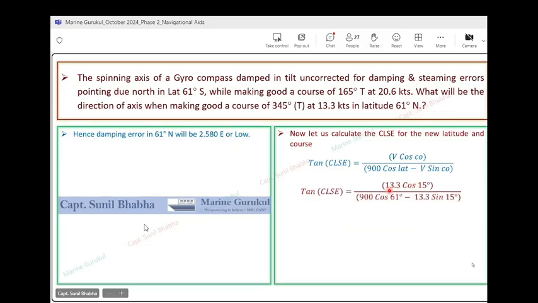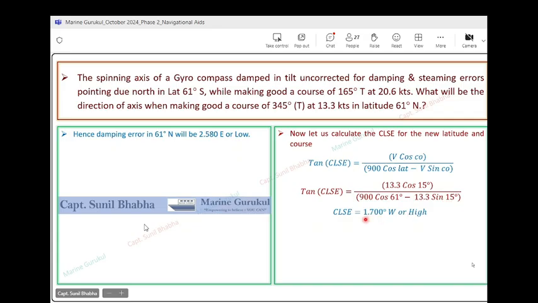Putting the values, the speed is 13.3 knots. Cos of course is north 15 degrees west. So we use the value of 15 here. 900 cos of latitude is 61 minus V sin course. V is 13.3, sine of course which is 15.